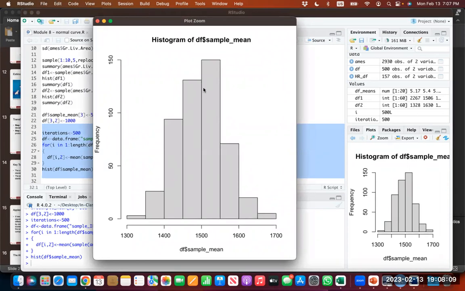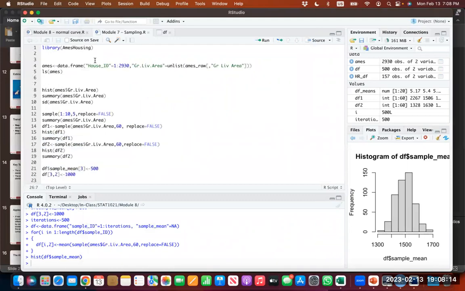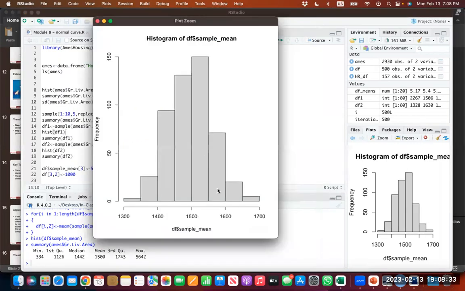And when you think of the mean, if we quantify the mean of all living areas here, the mean is 1500. And you see here, if I do 500 repetitions, the highest mode is here around 1500.